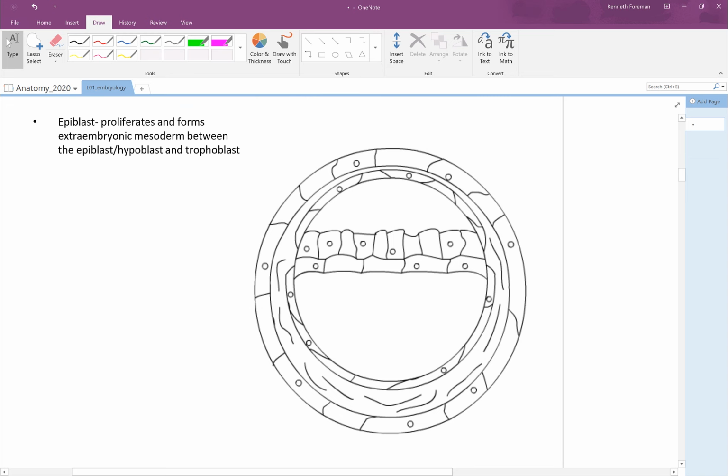So over time, these epiblasts, which are here in blue, they're going to proliferate or divide. And as they proliferate and divide, they're going to turn into another type of cell.